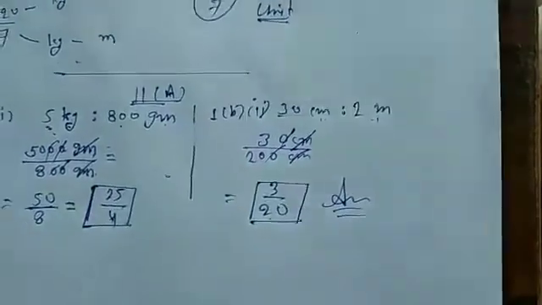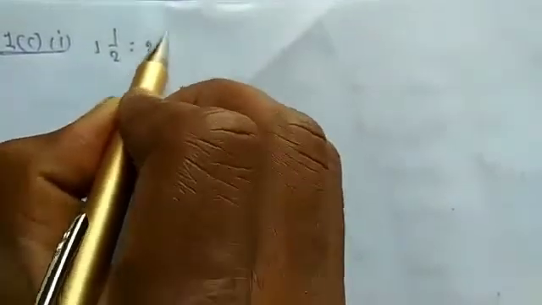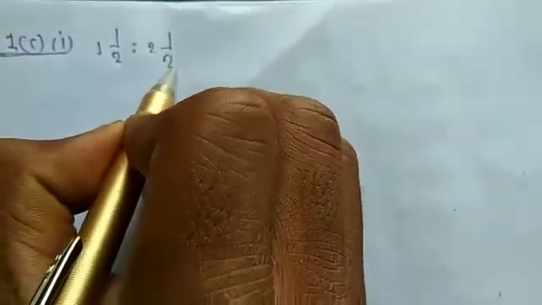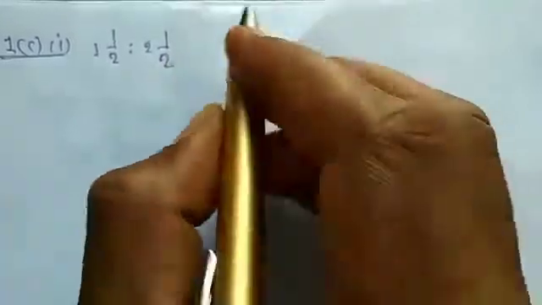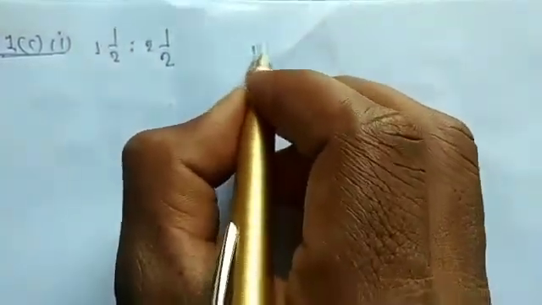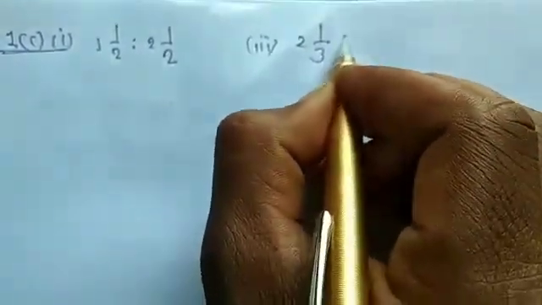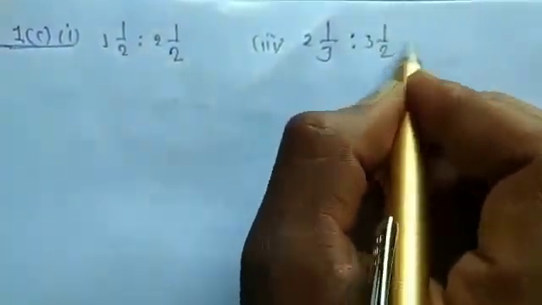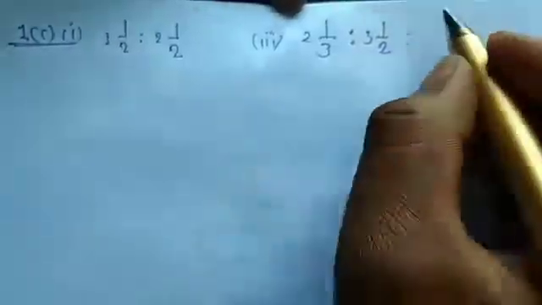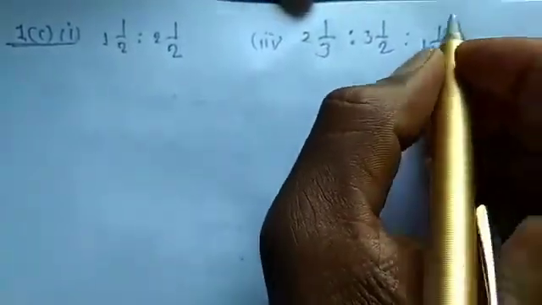Now our next point, question 1, part C, sub part 1. This is 1 whole 1 upon 2 ratio 2 whole 1 upon 2. And the third part is 2 whole 1 upon 3 ratio 3 whole 1 upon 2 ratio 1 whole 1 upon 4.